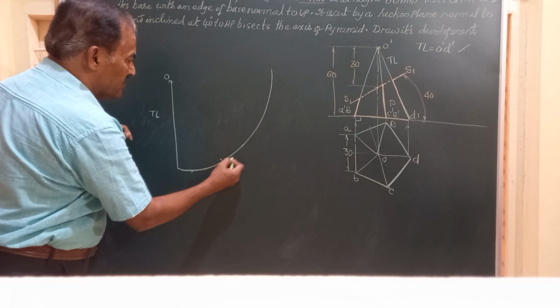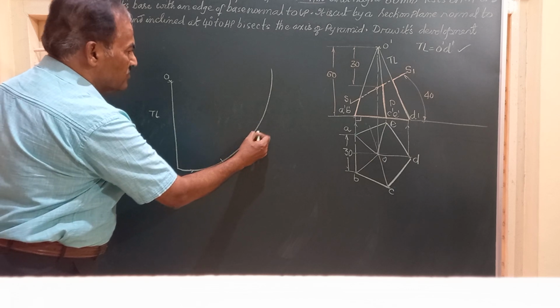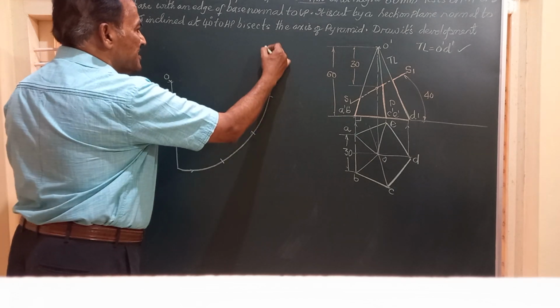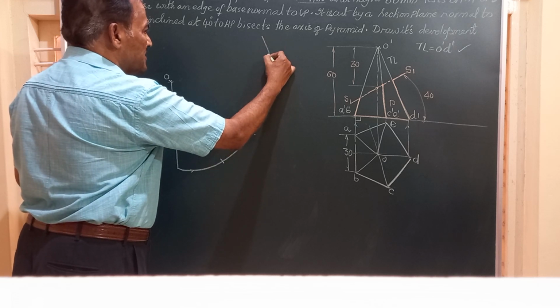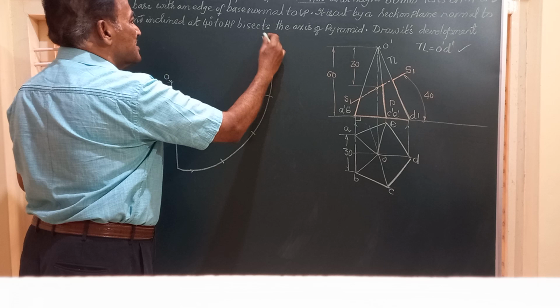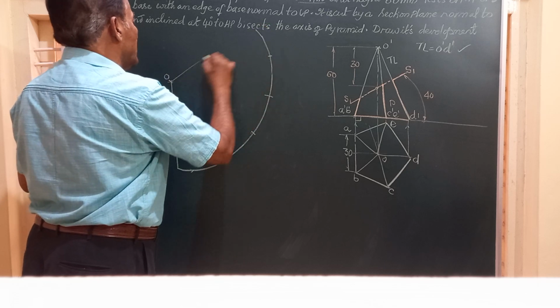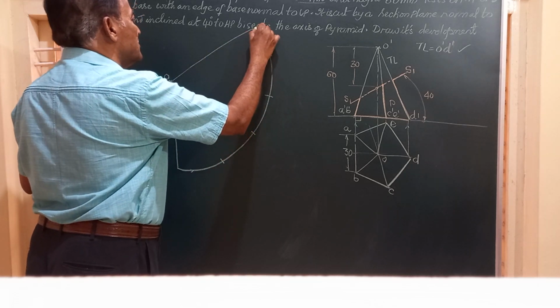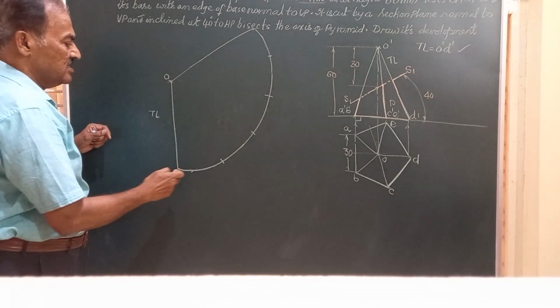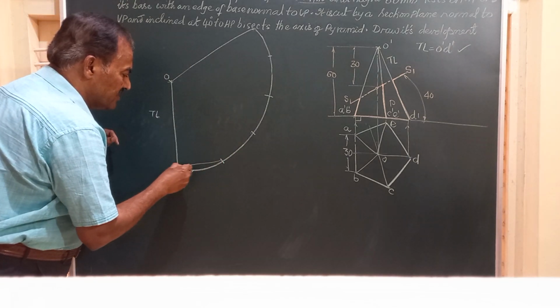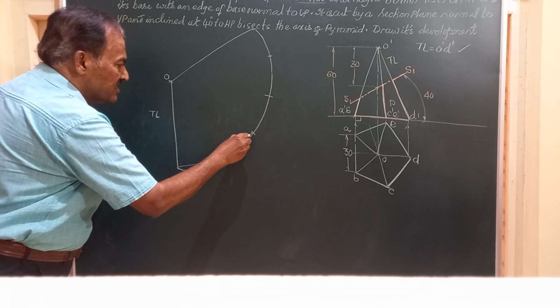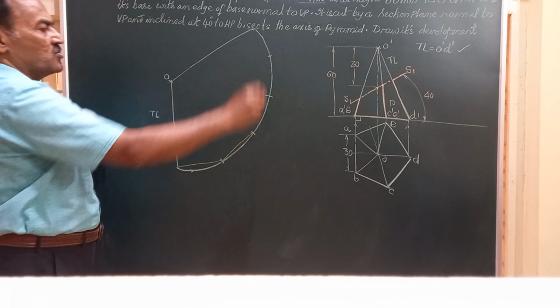Suppose say this is 1, this is the second one, third, say this is fourth, and say this is the fifth. So I am going to join the last here, and here friends, all these measurements are 30 millimeter each. From here to here 30, from here to here it is 30, and so on.